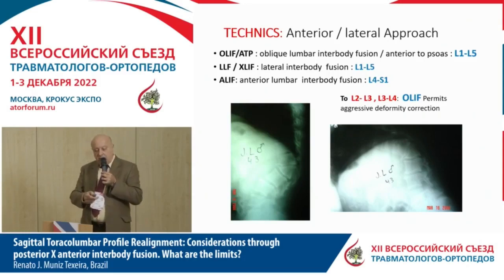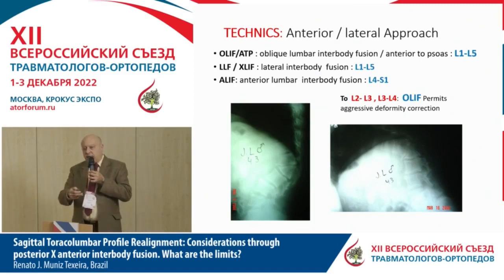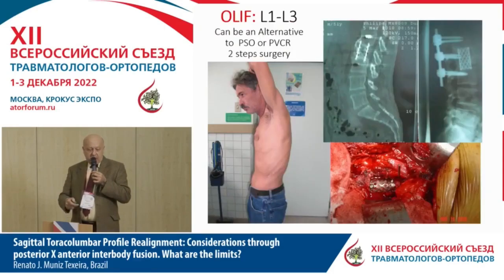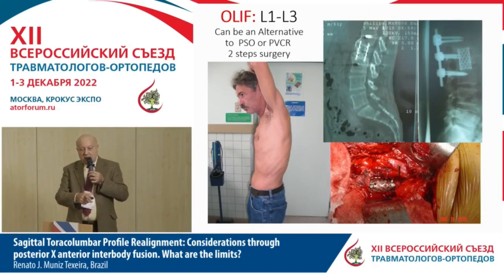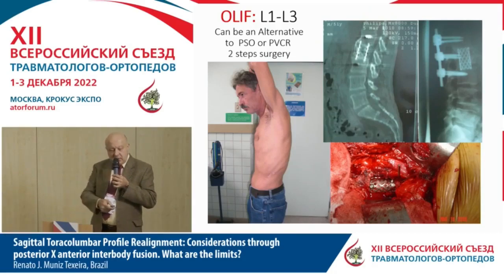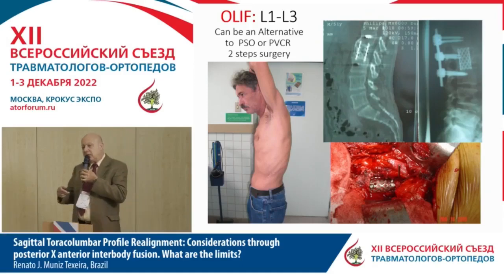If we use an anterior approach in this case, you're going to have a lower risk for the patient, in my opinion. So we made an anterior approach, a 2-step surgery in one anesthetic procedure, and you can have low bleeding and it is less aggressive than, in my point of view, a PSO osteotomy.